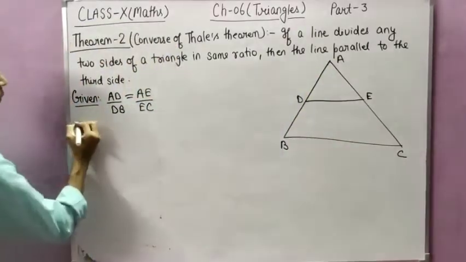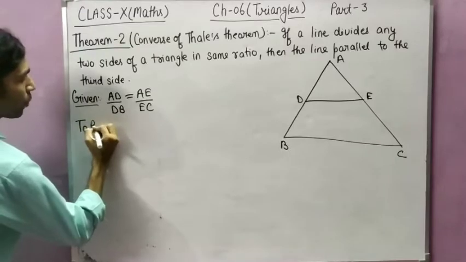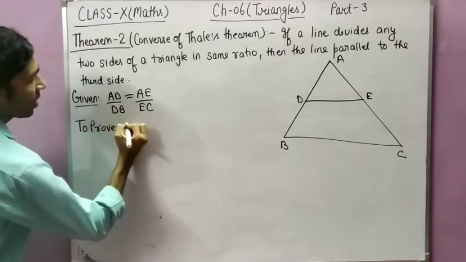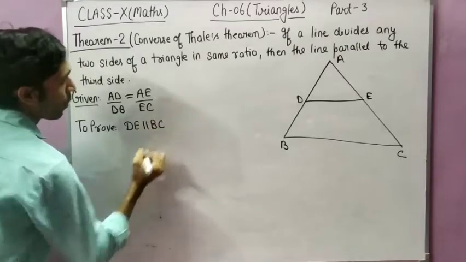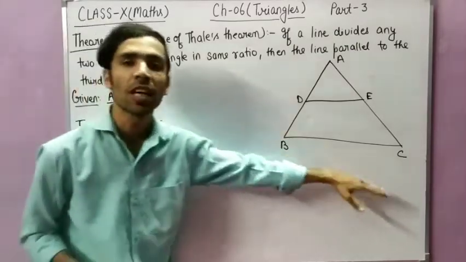So what do we have to prove? We have to prove that DE is parallel to BC, meaning that the line will be parallel to the third side.